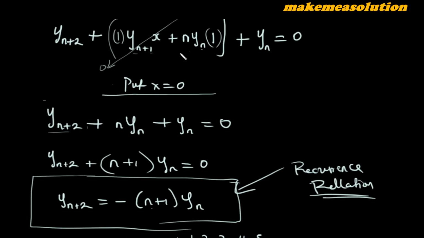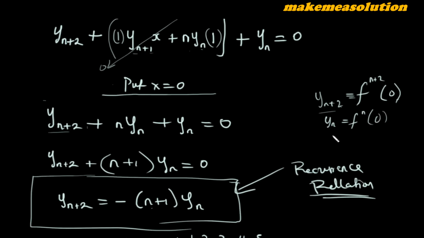Immediately you solve this equation by putting x equal to 0, y_{n+2} is actually the same thing as f^{(n+2)}(0). Do you understand? That means this y_{n+2} that you're seeing here is actually the (n+2)th derivative of this function at 0. Similarly, y_n is actually the nth derivative at 0.